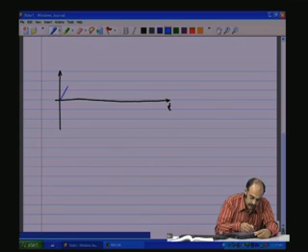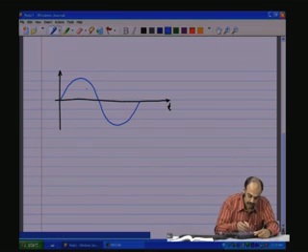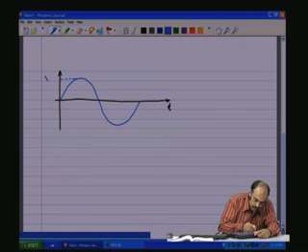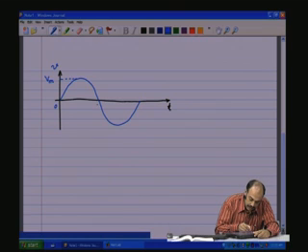Now, let us try to get some information which is not directly seen from the picture. One is, now this we stated was the peak, which is Vm. Let us say this is the voltage waveform with respect to time. This is the 0 point, and this is the T by 2 point, and this is the T point.